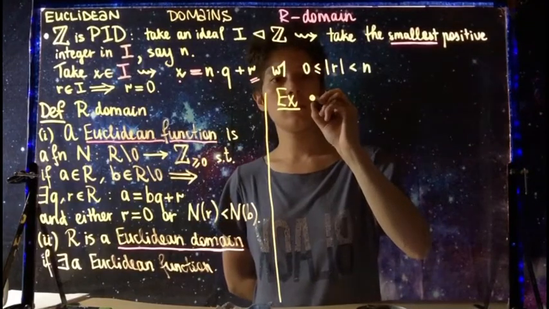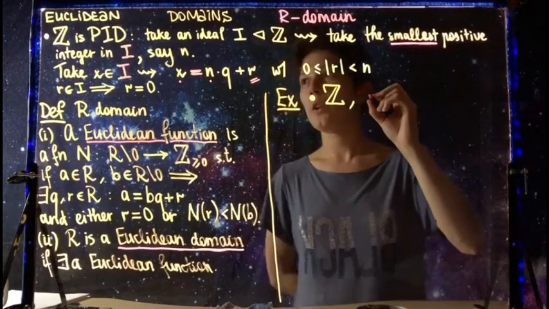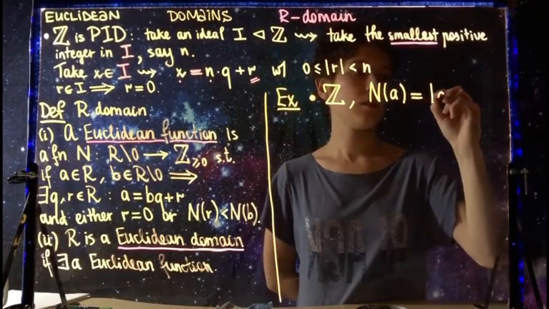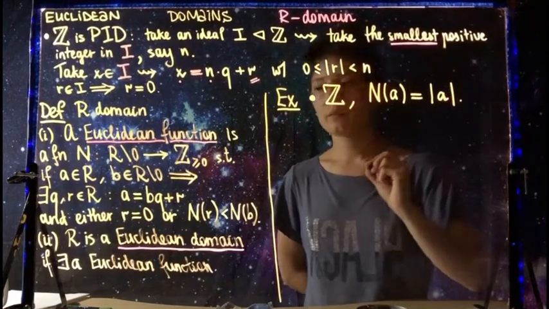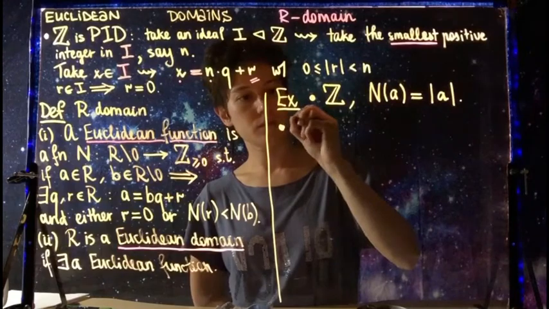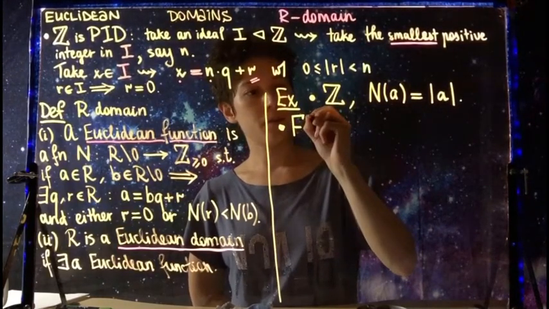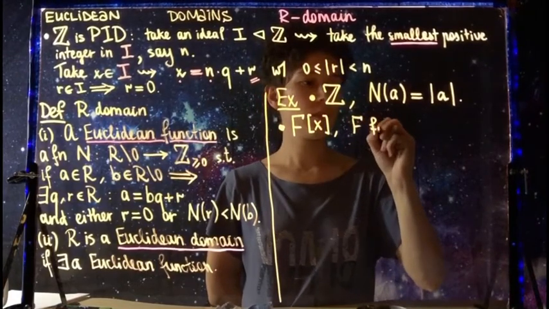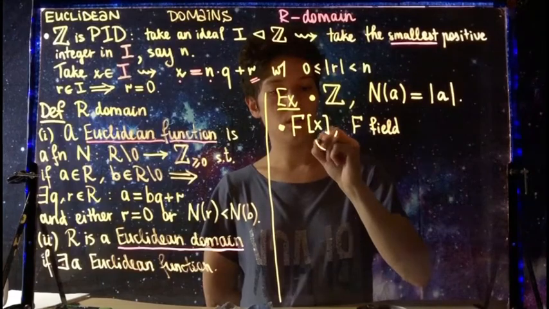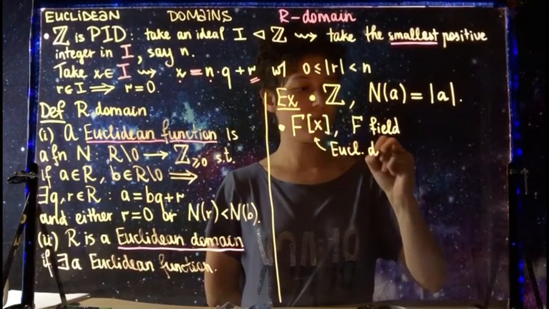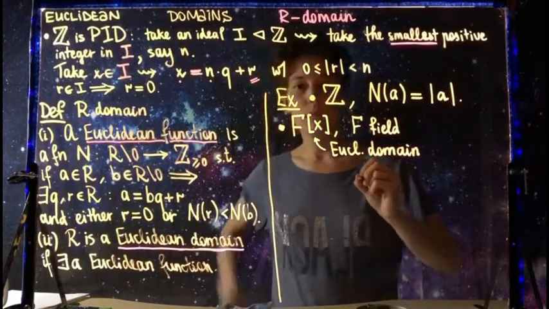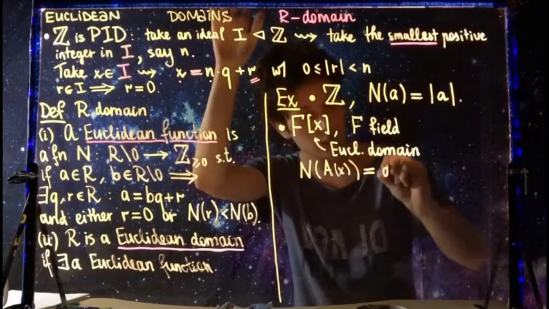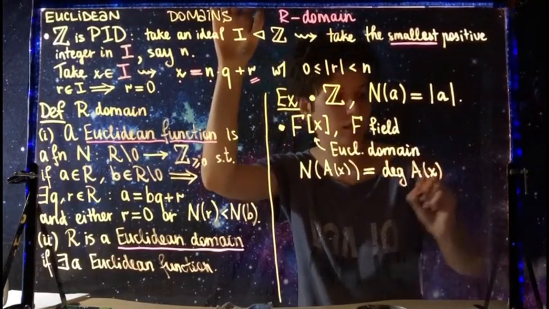Some examples. Example: Z with n of an integer A being the absolute value of A. Then F[x], the ring of polynomials where F is a field, is also a Euclidean domain, with a Euclidean function n of A(x) defined as the degree of A(x).